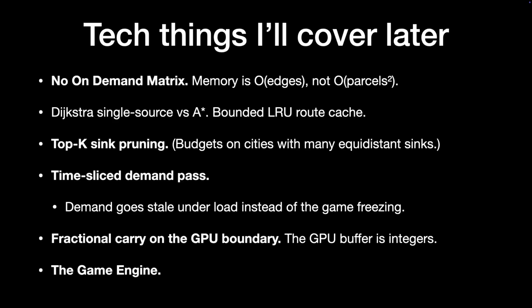Like my on-demand matrix, the difference between Dijkstra's single source versus an A-star algorithm, more about top K or KD trees, my time slice demand pass, how demand goes between different areas of the game, and the GPU boundary stuff I've been doing, and obviously talk about the game engine, which again I'll cover in another video.